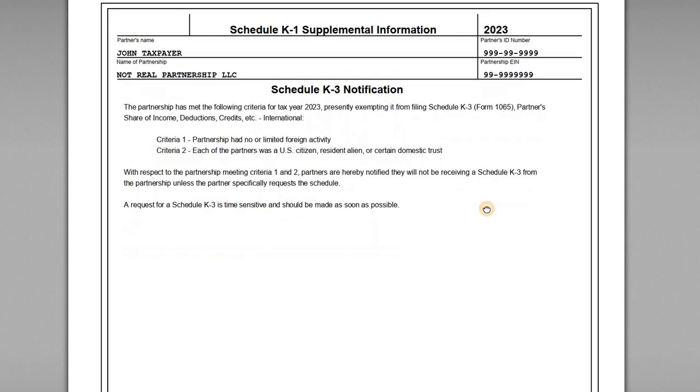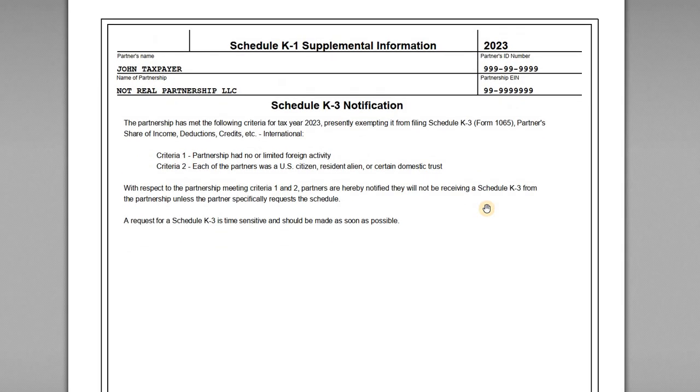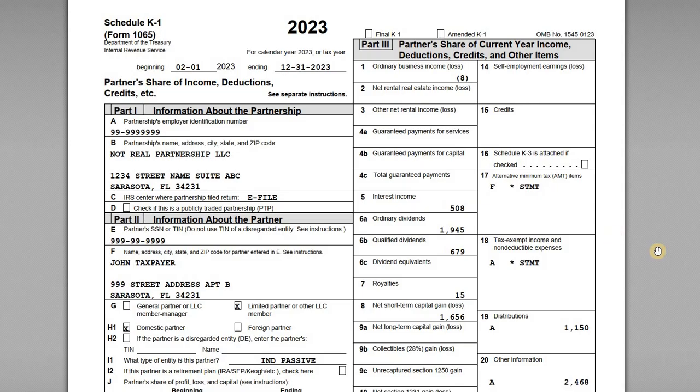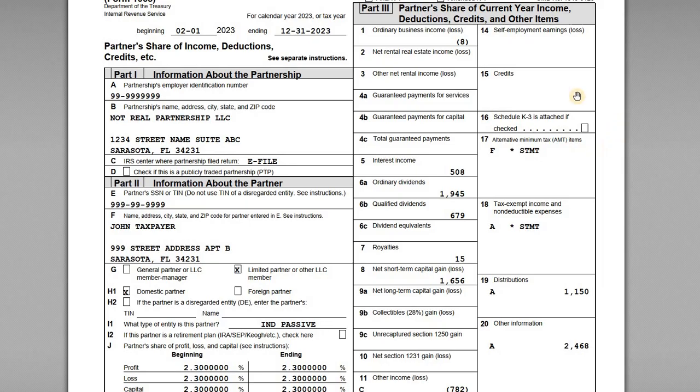Then the last item here is the Schedule K3 notification. So the K3 notification, if you have a look at your 1065 Schedule K1, line 16, if this is checked, then it means they're including a Schedule K3. Schedule K3 provides more information on U.S. versus foreign source income, foreign taxes that might have been paid.